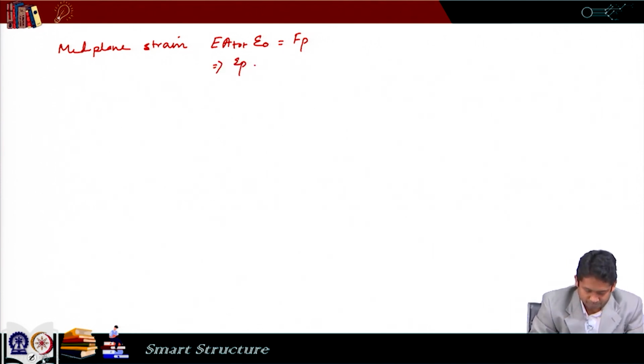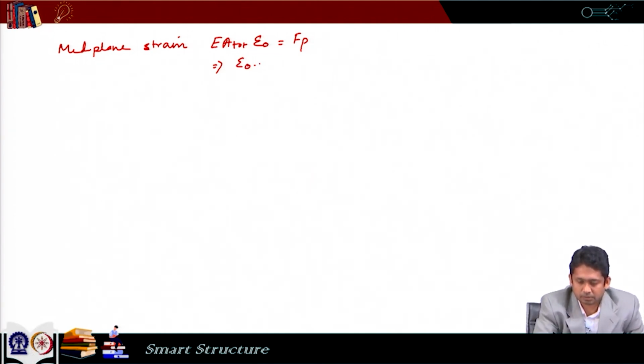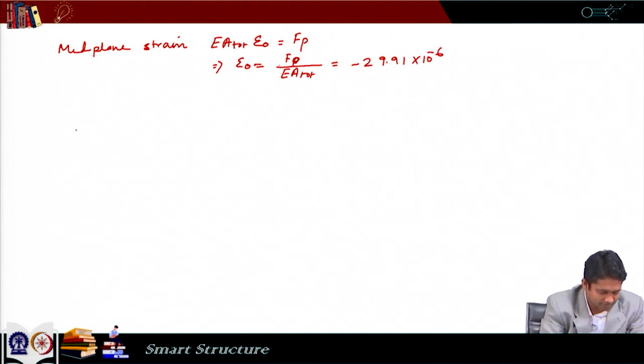So, epsilon 0 comes to be FP divided by EA total, and that is equal to minus 29.91 into 10 to the power minus 6.